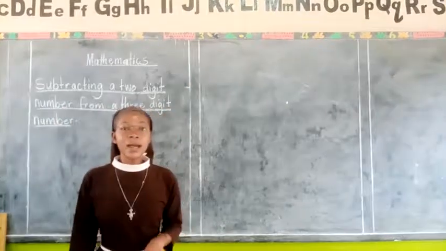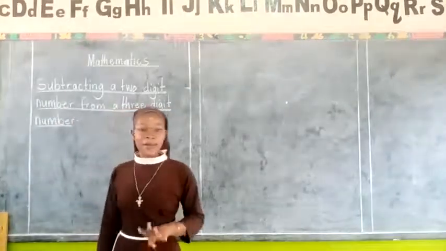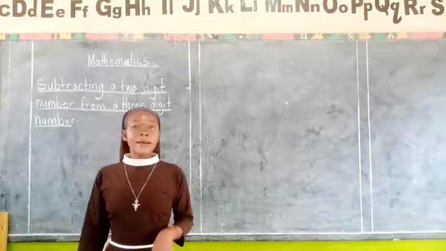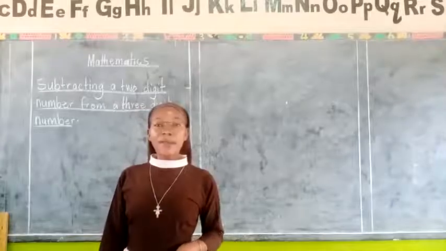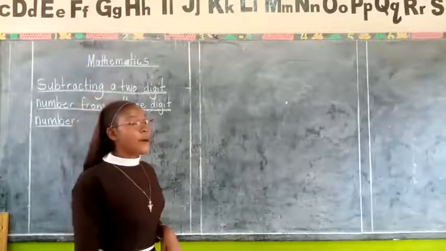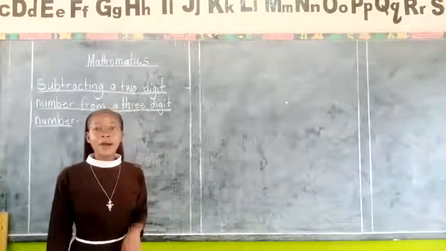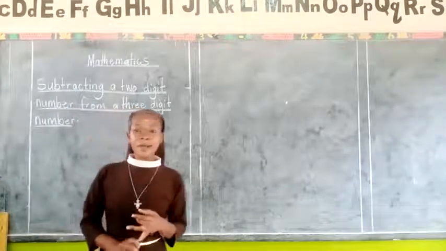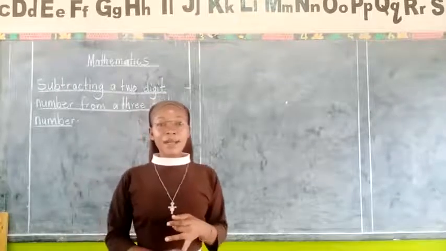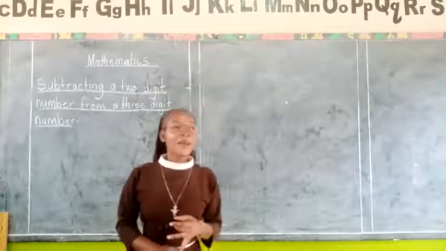A three-digit number is a number with three place values. For example, in that number we shall have the ones as the first place value. Which number comes next after the ones?